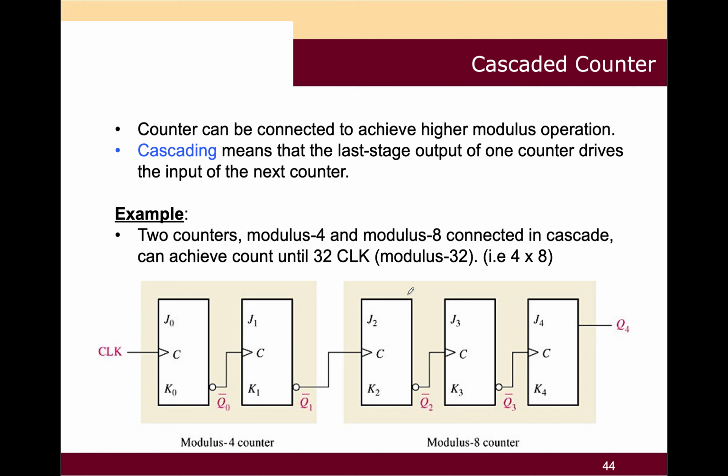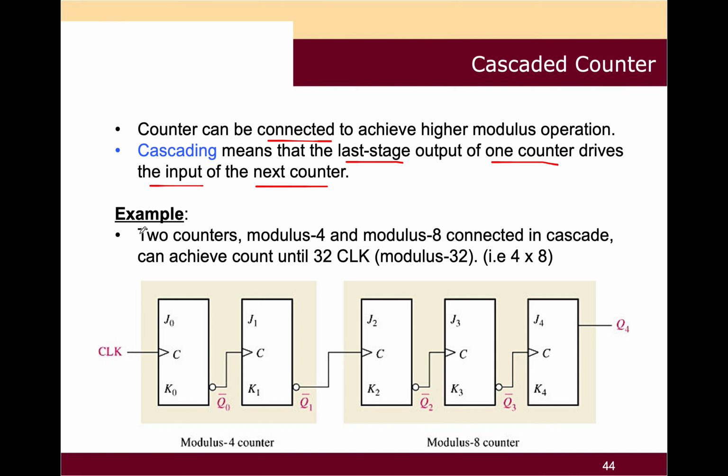Counters can be connected to achieve higher modulus operations. Cascade means that the last stage output of one counter drives the input to the next counter. So what is the meaning? Here is the example.